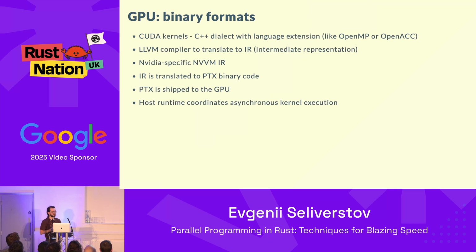The NVIDIA-specific one is NVVM, and then it translates it to binary. PTX is like the binary code sitting on a machine. Then PTX is shipped to the GPU over the host connection, and the host runtime coordinates, because the GPU is a coprocessor. So you ask, okay, run this workload, and I will wait for it. And you can do it asynchronously, so you don't need to wait until completion.